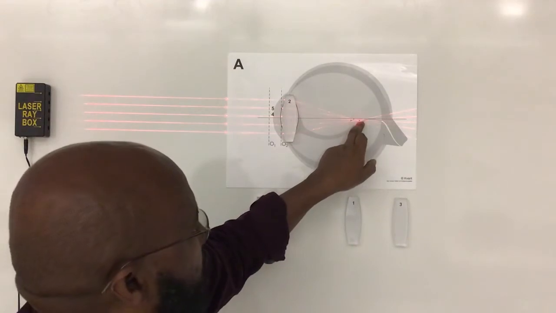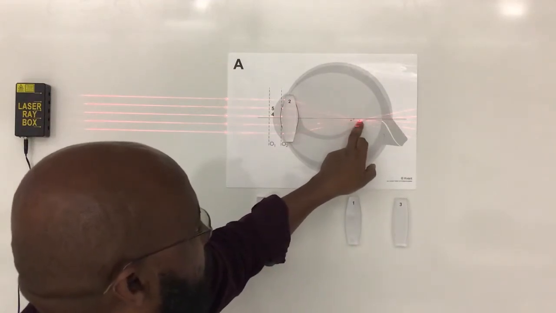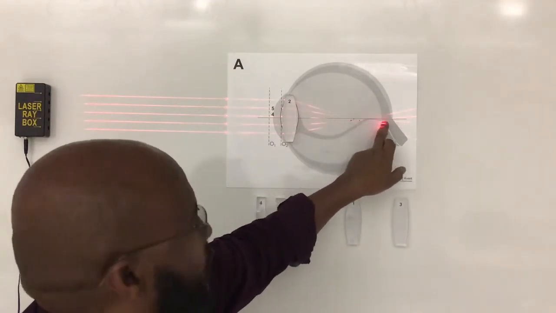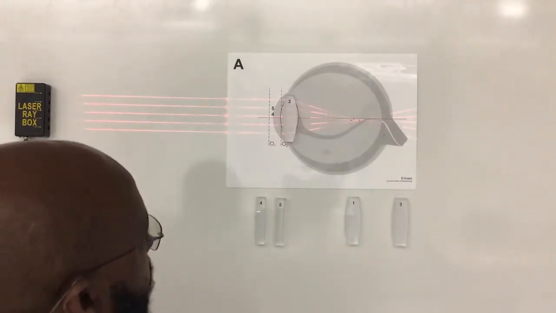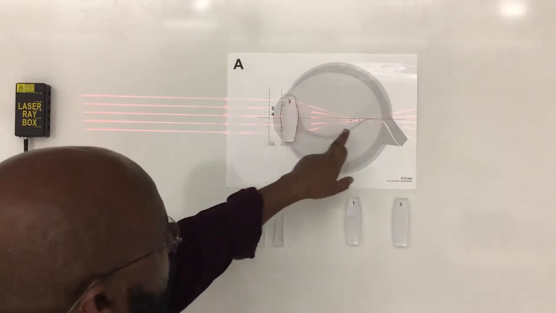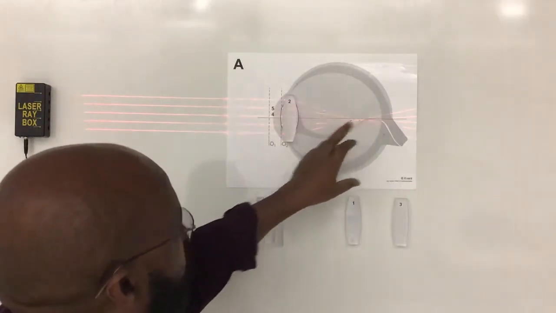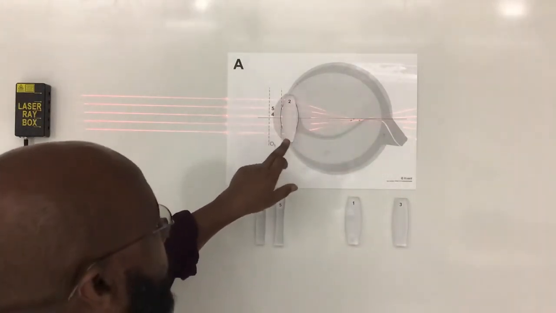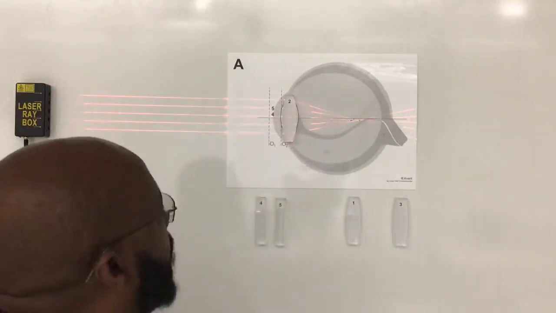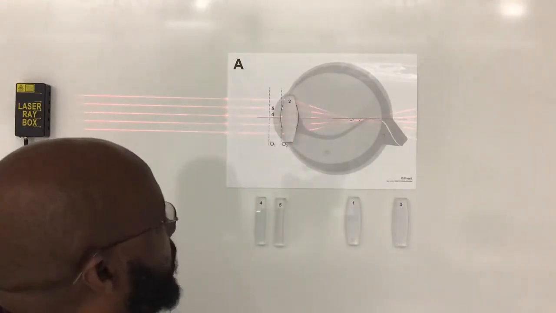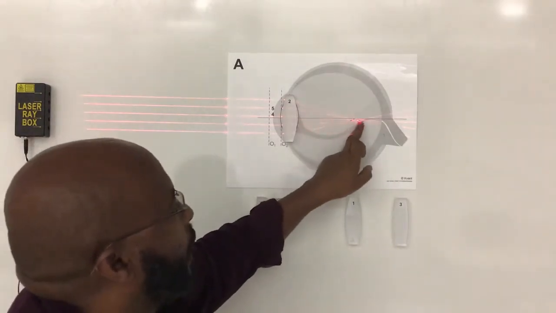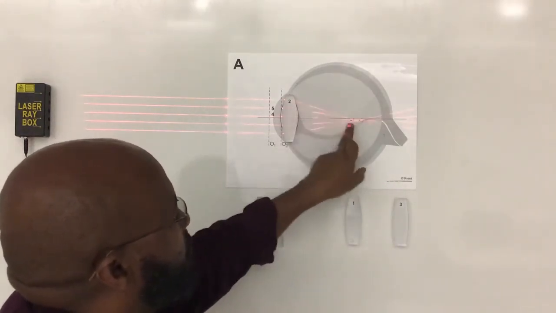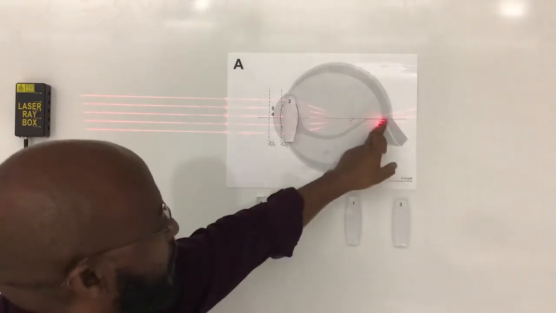So if the rays don't converge on the retina, then this eye wouldn't be able to see. Just pay attention to where these rays converge for this defective eye. So this eye has some vision defect, and we will see how we can correct this. In other words, how we can move these converging rays from before the retina onto the retina right there.